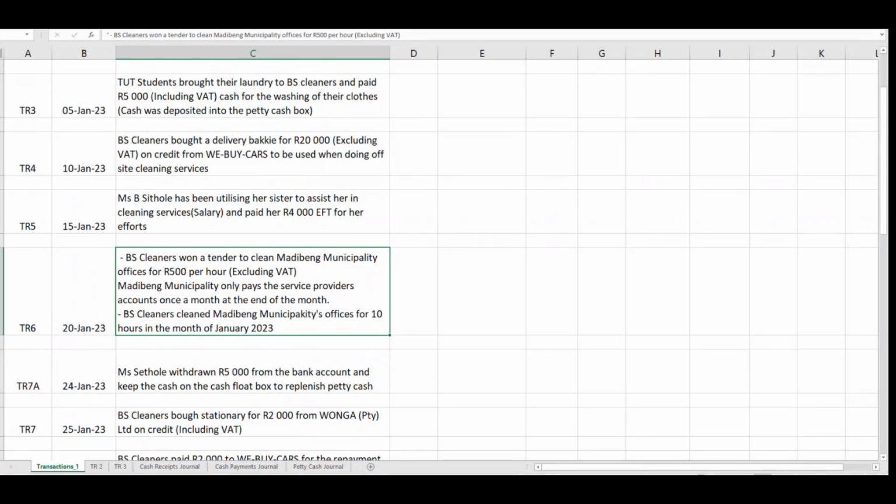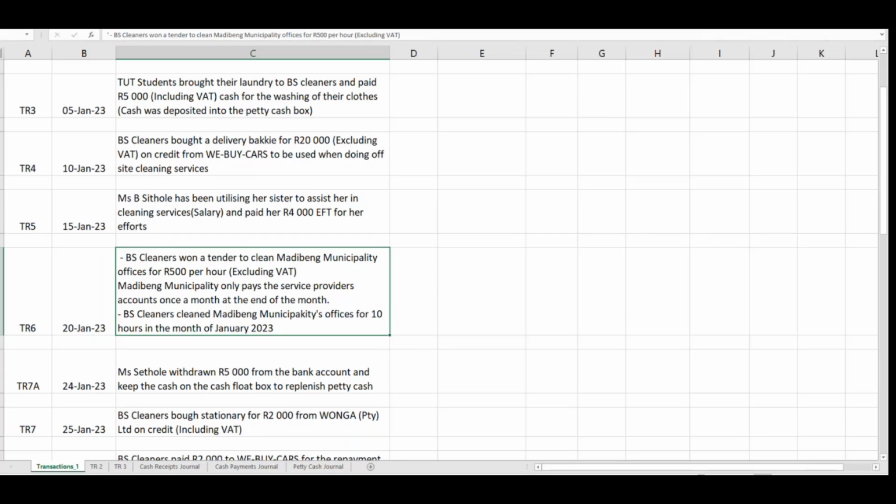But they've not yet paid here. Here we have just won a tender, and they're saying they will pay us by the end of the month. They will pay us 500 per hour. So it's similar to the other one. No cash as yet. Nyasha, you wanted to say something? Can't we say it's the trade receivables account?